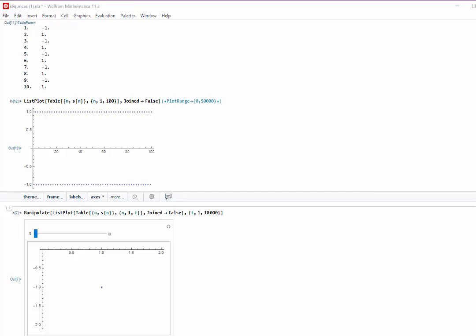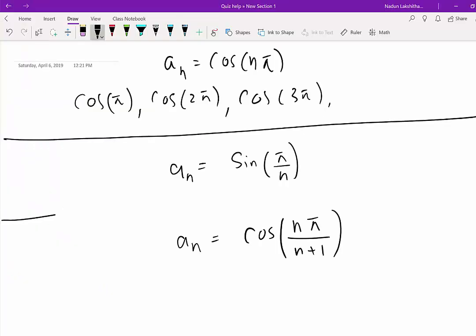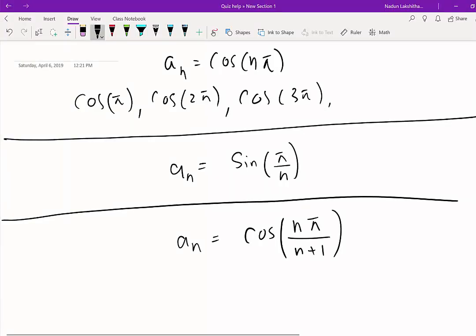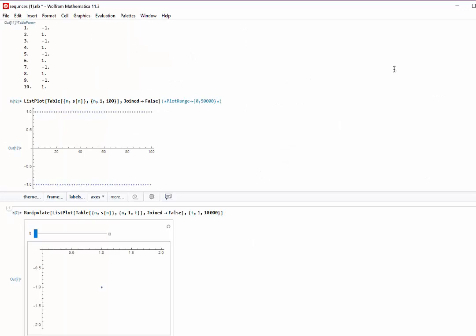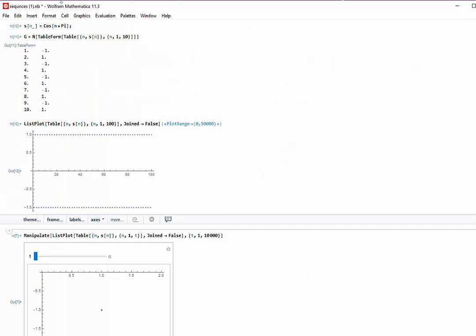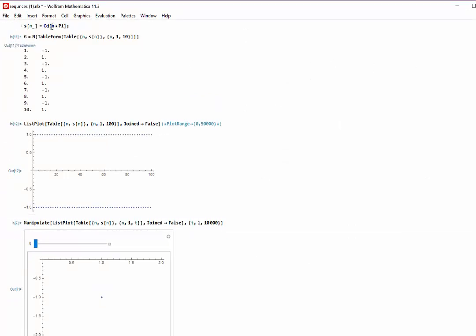So then how about the sequence sine pi over n? Now let's visualize this because this is an interesting sequence. There are several ways we can talk about this sequence.